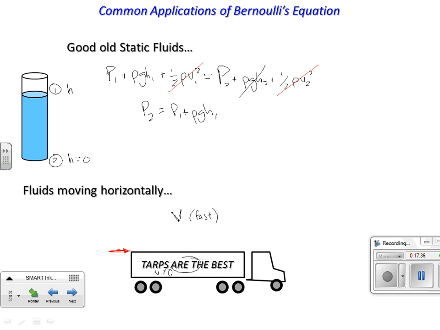Well, if we look right along this boundary, we call the heights the same height. So if we say P1 plus rho GH1 plus 1/2 rho V1 squared is P2 plus rho GH2 plus 1/2 rho V2 squared, let's call in here 1 and out here 2. The heights are the same, close enough.